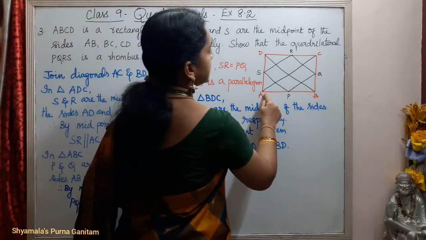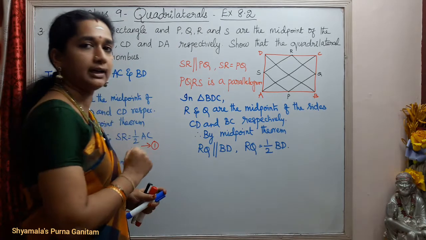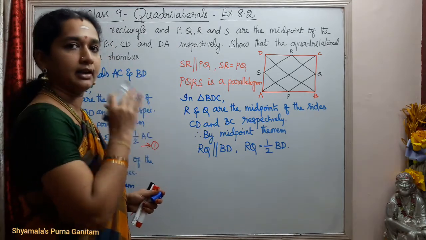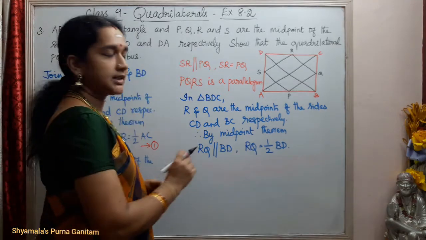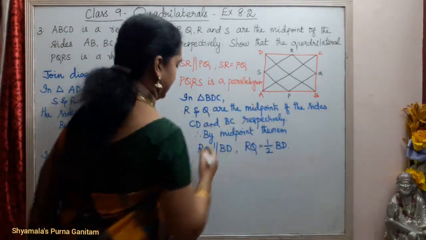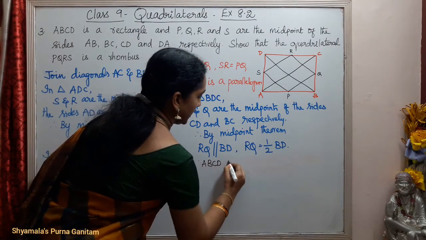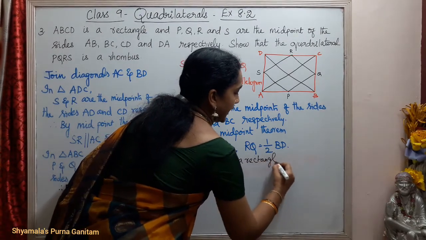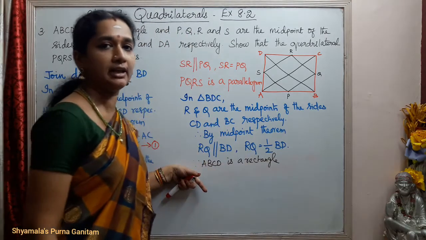One more thing is, since this is a rectangle, AC and BD are the diagonals of the rectangle. So diagonals of the rectangle are equal. Since ABCD is a rectangle, diagonal AC is equal to diagonal BD.